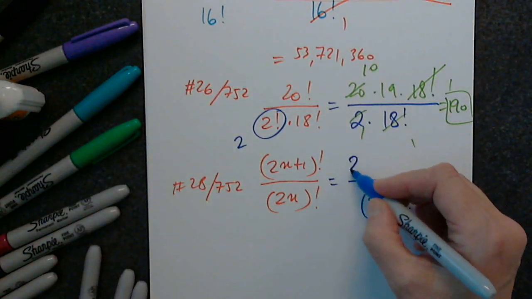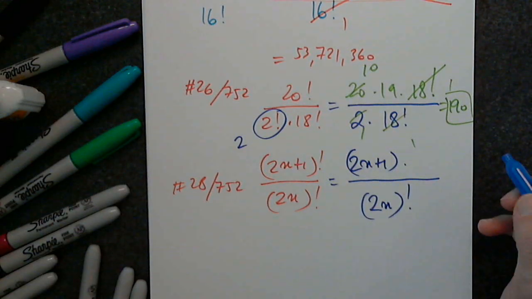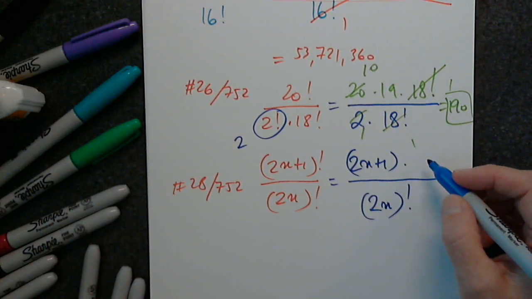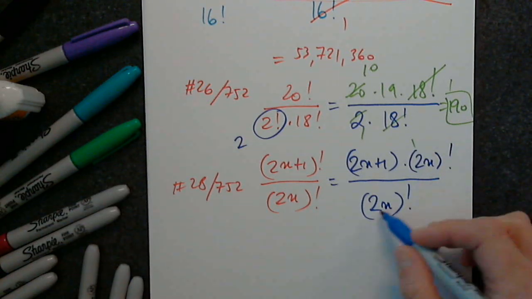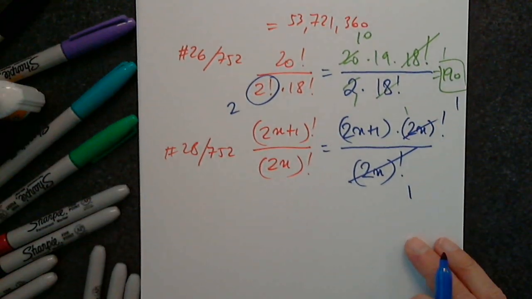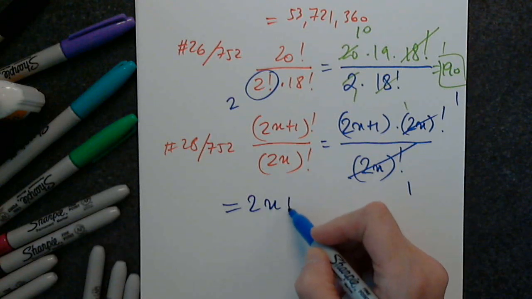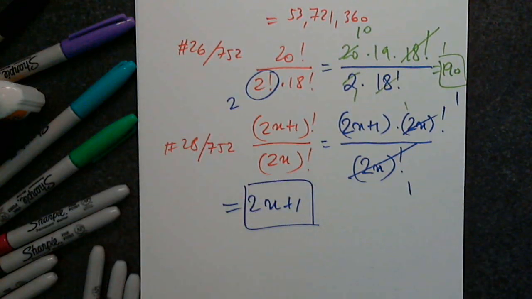Indeed, 2n plus 1 times 2n factorial, because these two go away, and the answer is very nice, just 2n plus 1. Is this clear? Is the idea clear on how to manipulate these factorials and how to simplify them?